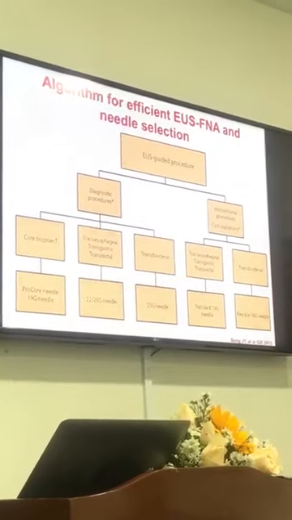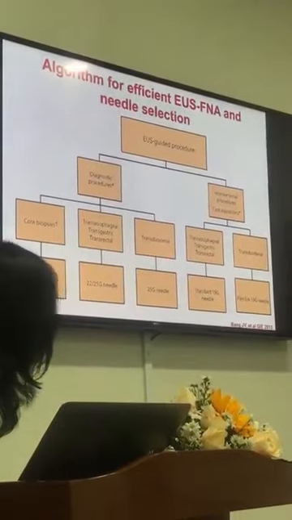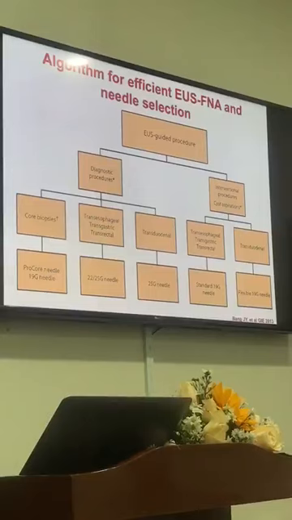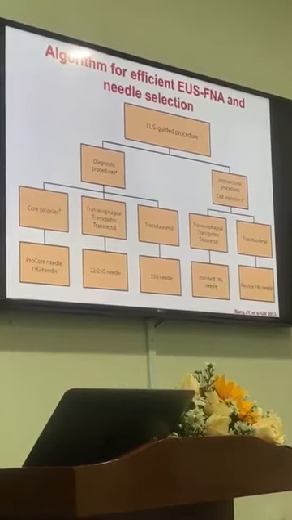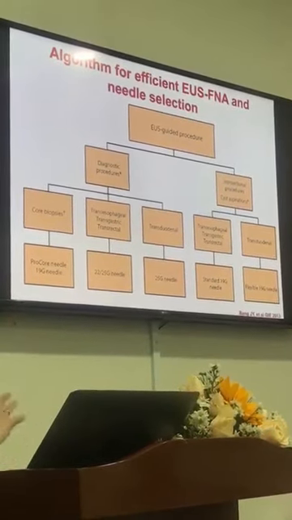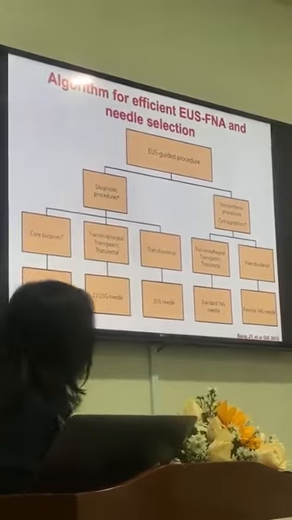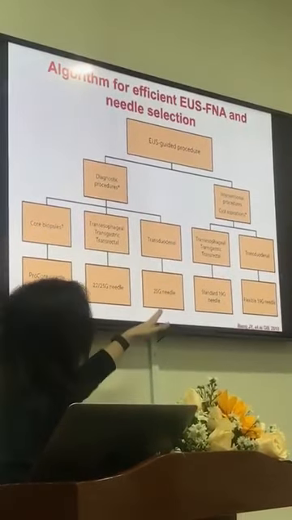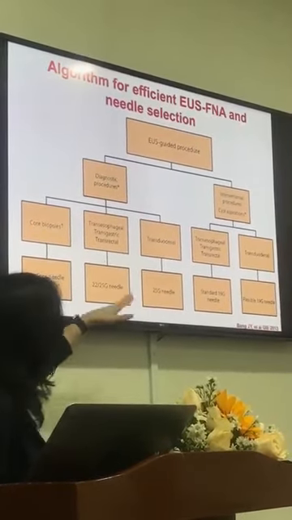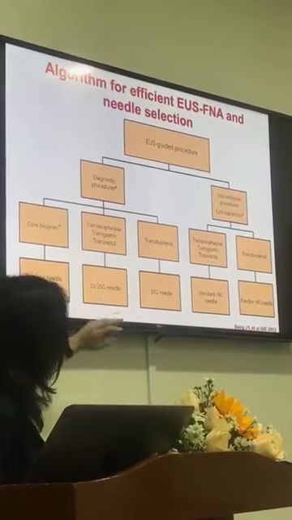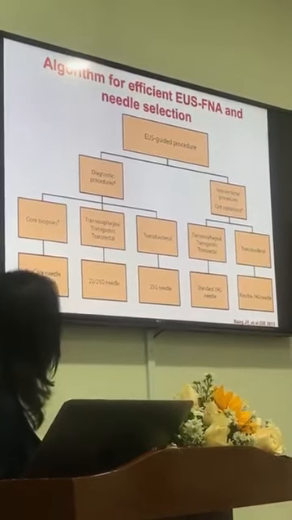So again, the same group has proposed an algorithm for efficient FNA and needle selection. So what it is that if you do transduodenal, they propose using 25 gauge. Transgastric or transrectal, 22 or 25, doesn't matter.